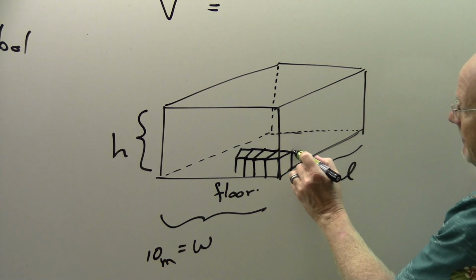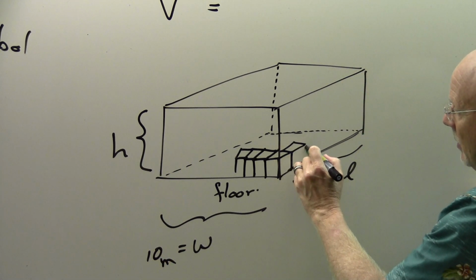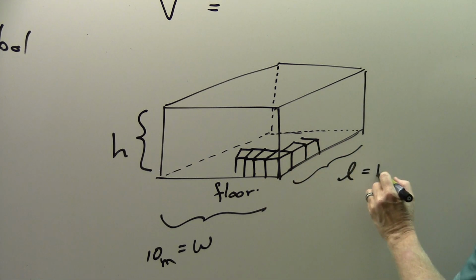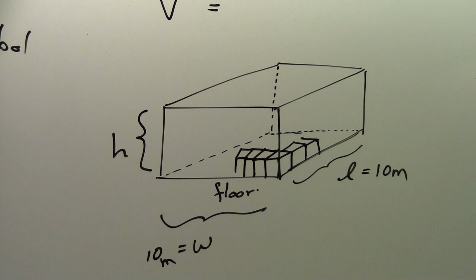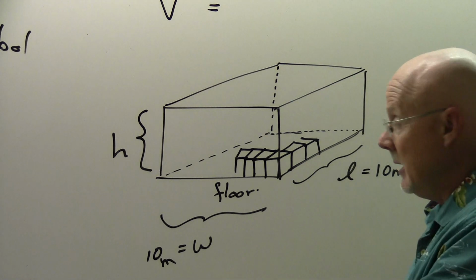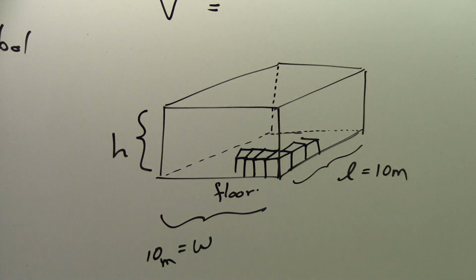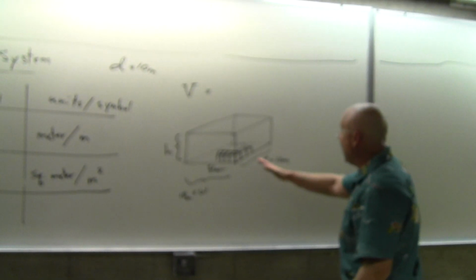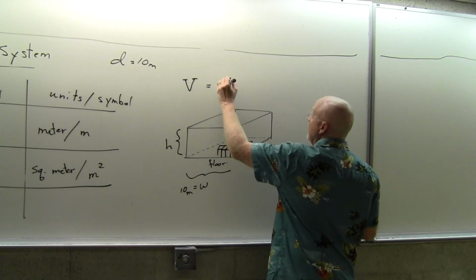And if I started making boxes going, what in my drawing would be back into the board, I would have 10 boxes that go that way. And so by the time I stacked 10 boxes across here, with 10 rows of boxes, as you would say, I would now have the area.